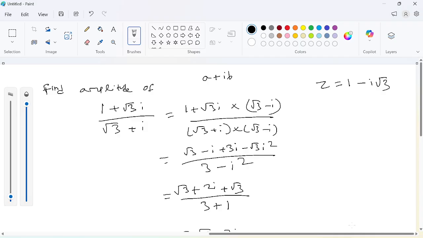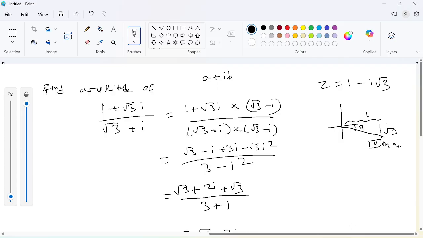Now if you draw a graph, your x part is positive, but your imaginary part is negative. That means it will be in the fourth quadrant. So this part is 1 and this part is root 3.